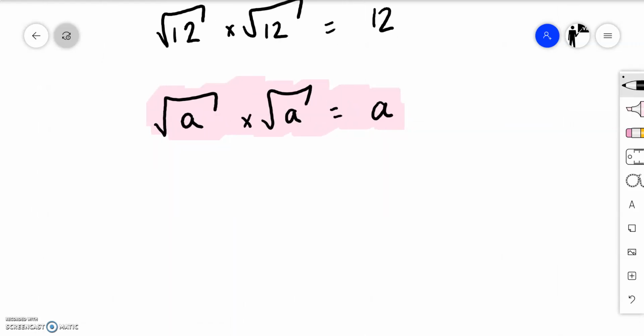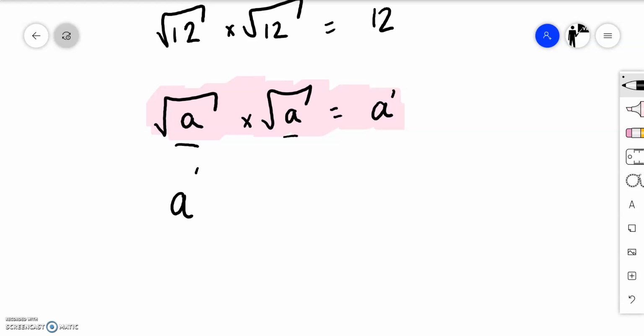What I'm going to do here is see this A, that's the same as A to the power of 1. And hopefully you can see that I'm multiplying two quantities here, and generally when I multiply two things, the powers would be added. But do you see how both of these quantities are exactly the same?